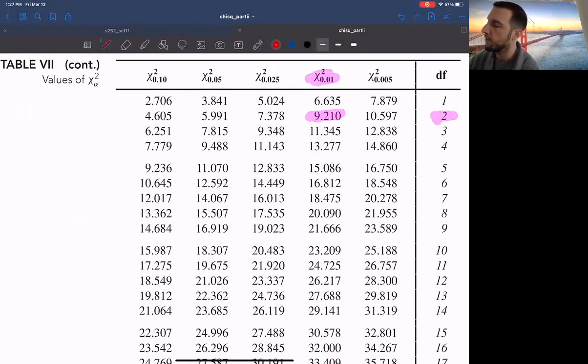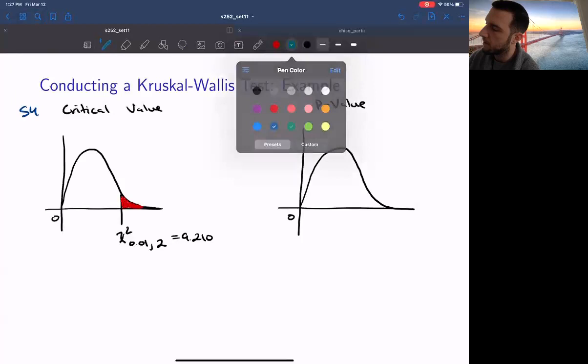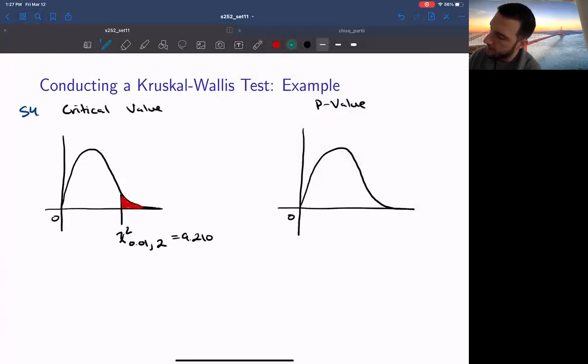So the critical value for this test is 9.210. All right, and then our test statistic was 11.518. So we have H here. So based off the critical value approach, we can reject the null.